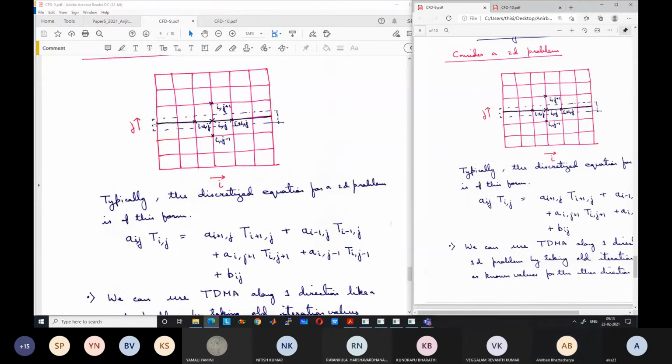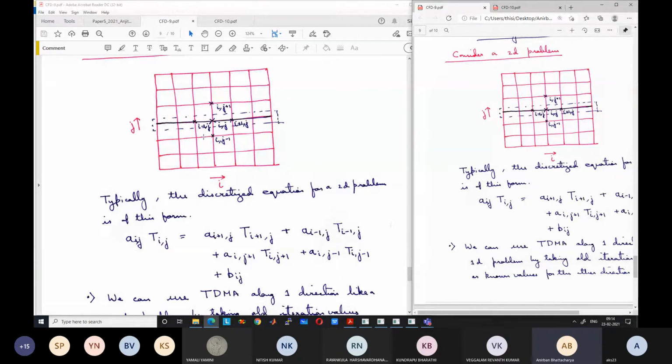So for any point i comma j in this situation, we have the 2 neighboring values, which are also unknowns, plus 2 outside values, the top and the bottom values, the north and south values basically. So these two values which are outside this 1D line, we will use old iteration values. Whatever is the known value, we will use the old iteration values from the previous iteration.